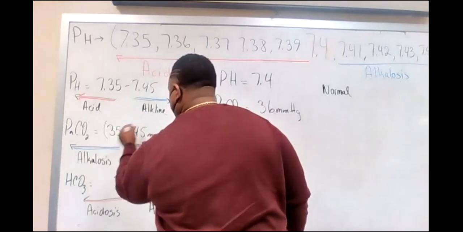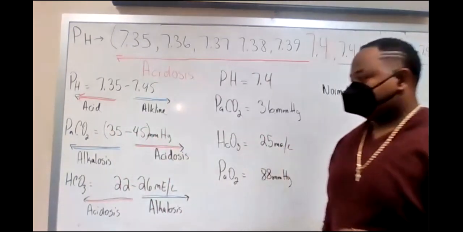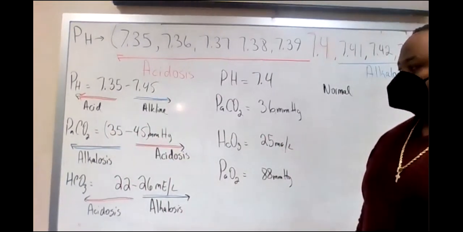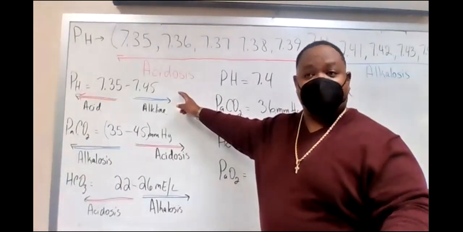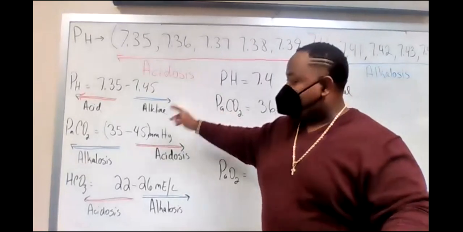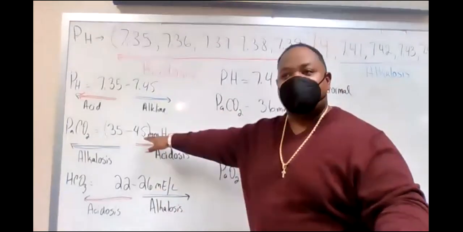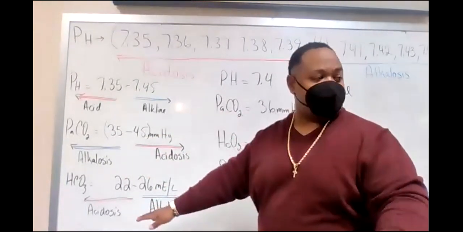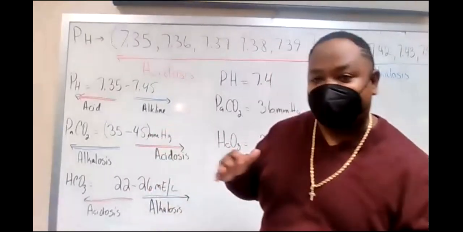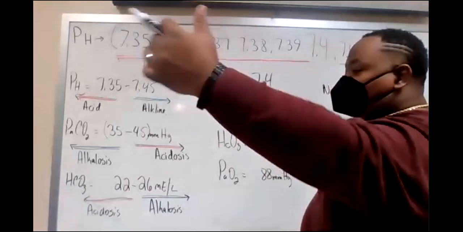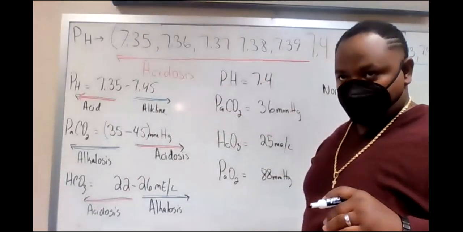Anything in between those ranges is normal. But I thought it had to lean towards one. No, I told you pH is the only one that leans. The other ones, if they're in the normal range, it's just normal. Don't worry about leaning for CO2 or bicarb. The only thing that can lean is pH because it's so wide of a normal range.